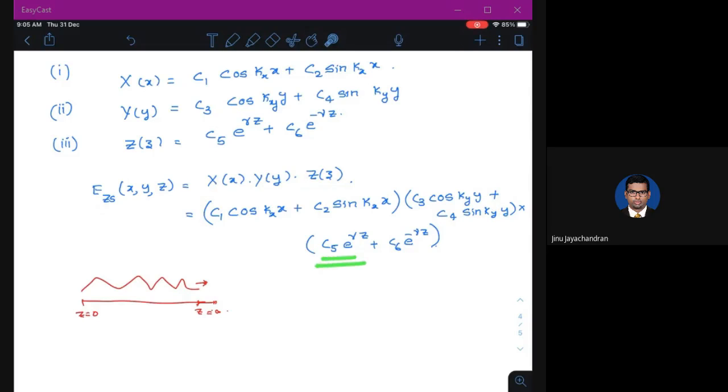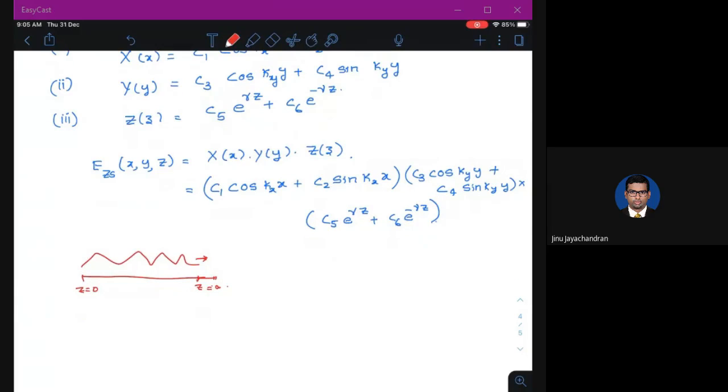That means this term will not exist, or I can write a reason that the wave has to be finite at infinity.